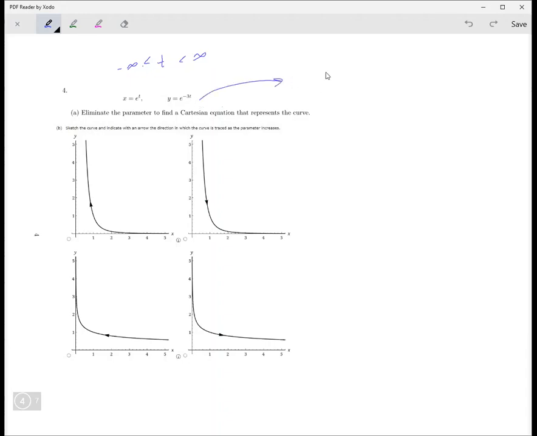If you take this second equation, that's the same as e to the t to the negative 3, because when exponentially multiplying, t times negative 3 is negative 3t. But e to the t is x. So we have y equals x to the negative 3, which is 1 over x cubed. Okay, so that one will do it.